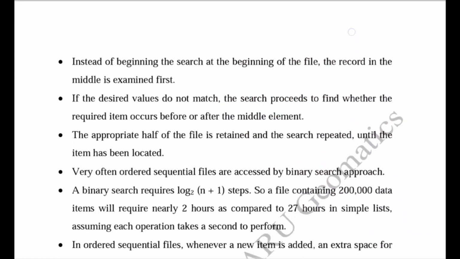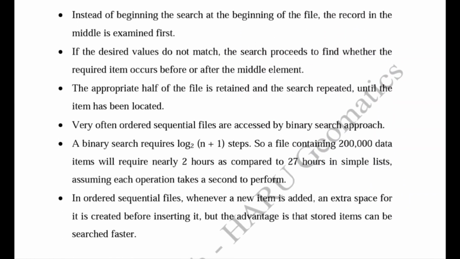So we can say that the approach followed in the ordered sequential file is the binary search approach. It is not the arithmetic approach as we saw in the simple list, in which all the items have to be searched for a single item. But in this ordered sequential file structure, access is by the binary search operation. Assuming 1 second for one operation, for the binary search approach the number of operations will be log base 2 of n plus 1.